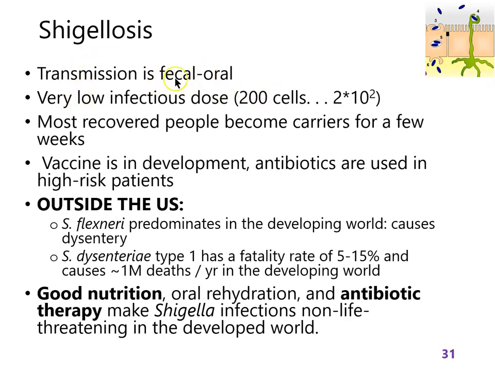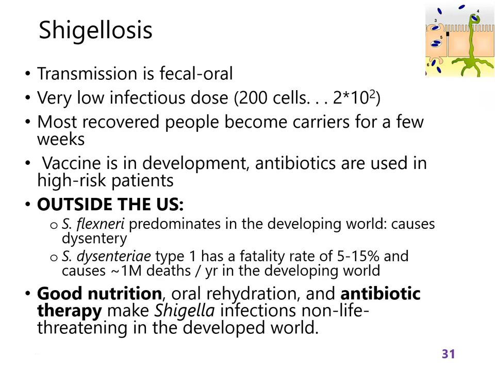Shigella, like a lot of other fecal-oral pathogens, is very easy to catch with a very low infectious dose. We would typically see this spreading in a daycare center, and it's also spread in the U.S. This is actually a sexually transmitted infection, because anal sex can easily spread a number of bacteria that size.